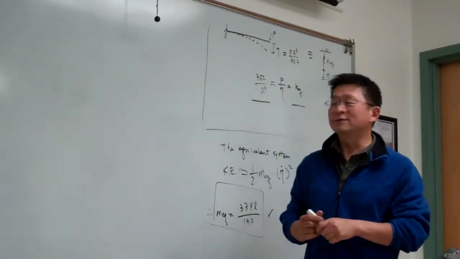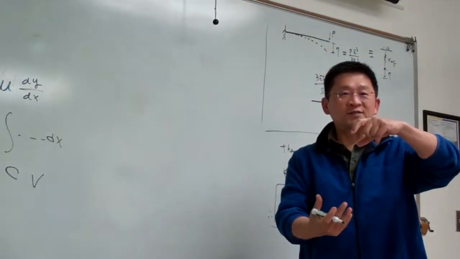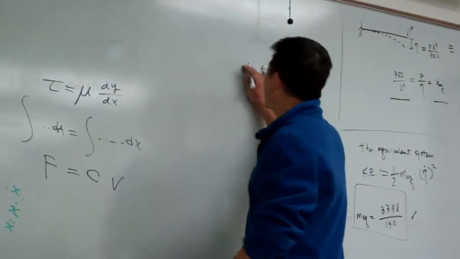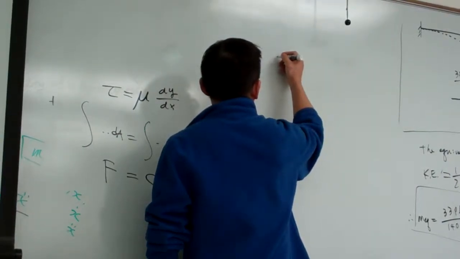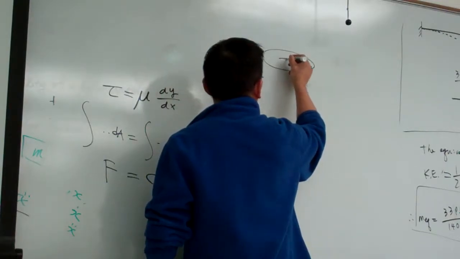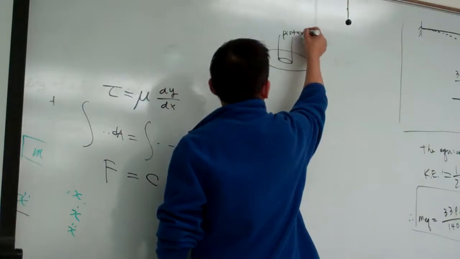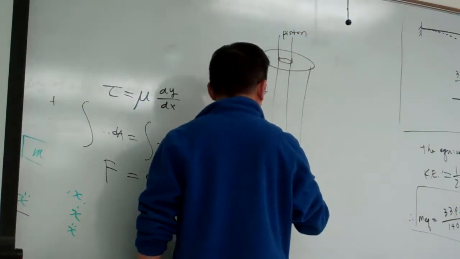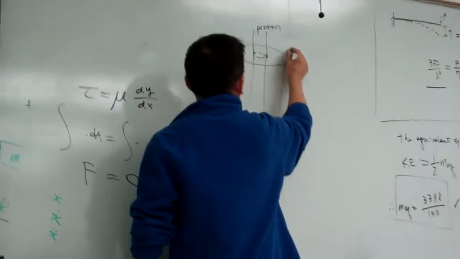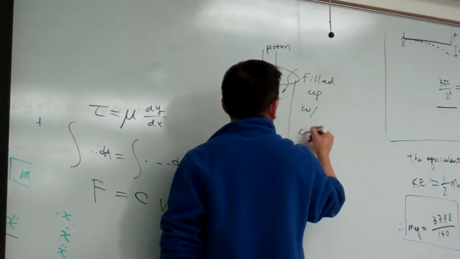Shocks, whatever. So basically, they are using a cylinder, and within the cylinder, they fill it up with fluid, oil. Okay, so let me draw that one. Using the 3D, that is the cylinder here, and they have a certain piston or some kind of rod here. And in between, they fill it up with oil.